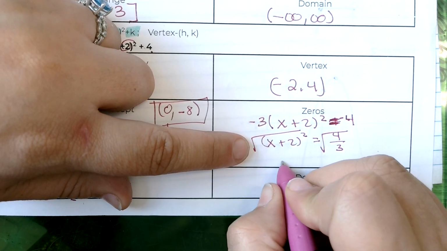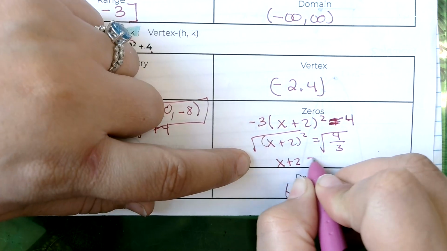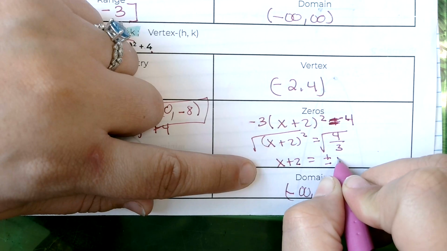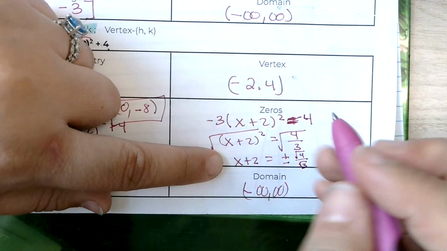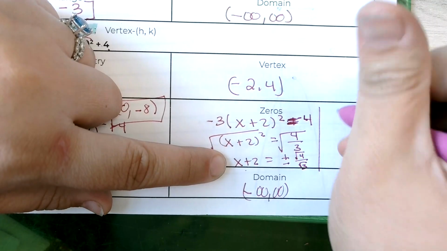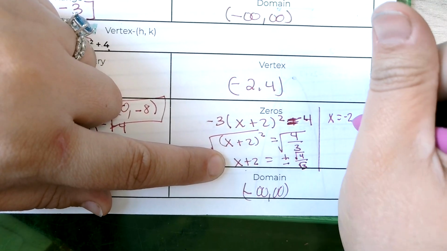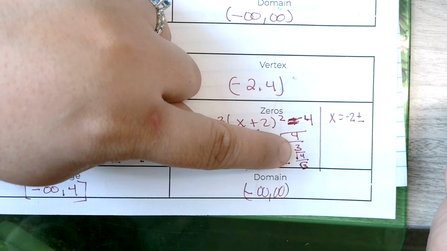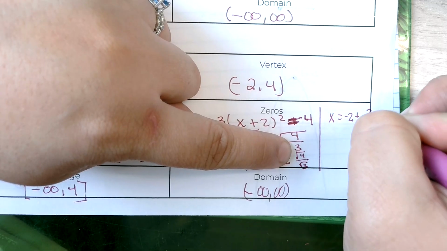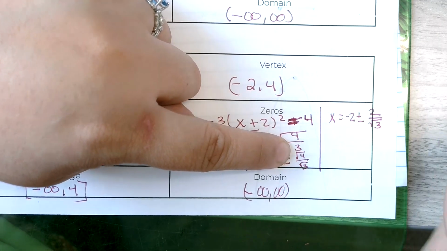x plus 2 equals plus or minus the square root of 4 over the square root of 3. And then subtract 2 from both sides, giving me x equals negative 2 plus or minus. And I'm going to go ahead and do the square root of 4 here to give me 2 divided by the square root of 3.